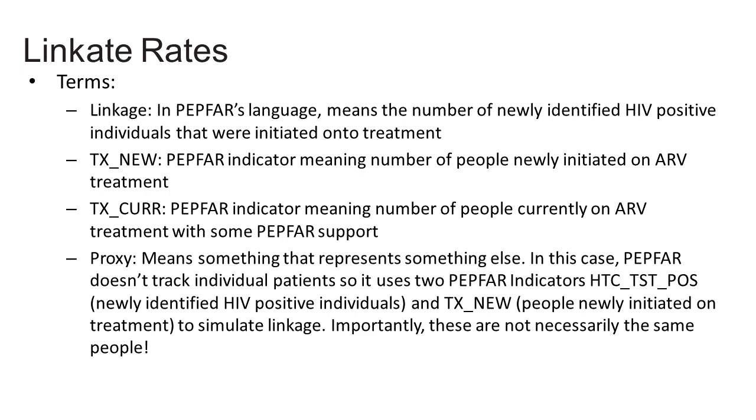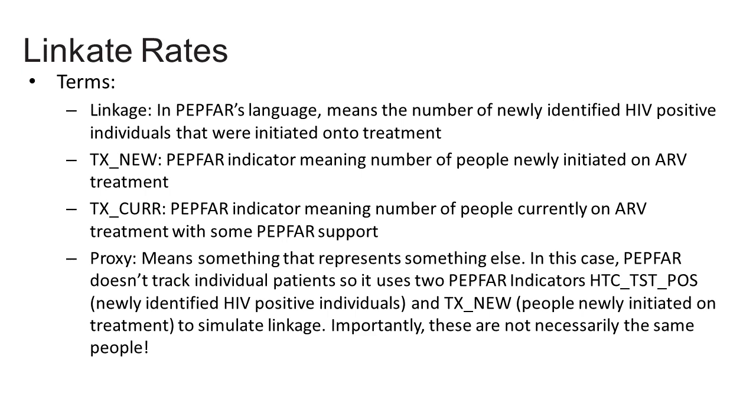It only counts first-time people being enrolled onto treatment. It doesn't count people who were initiated on treatment and then fell off treatment and then reinitiated on treatment. TX_CURR is a PEPFAR indicator, meaning the total number of people who are currently on ARV treatment that get some PEPFAR support. And then a proxy is an indicator that represents something else.